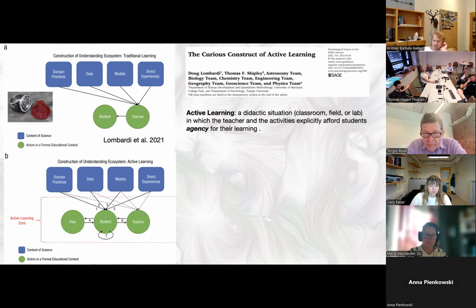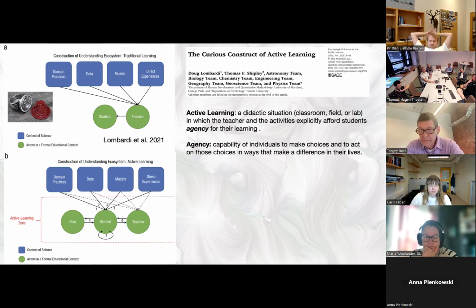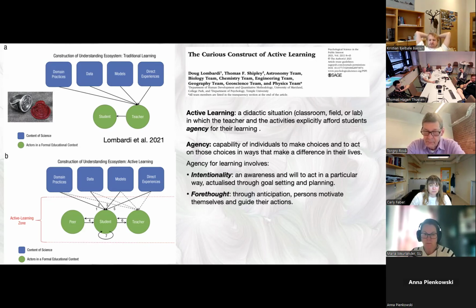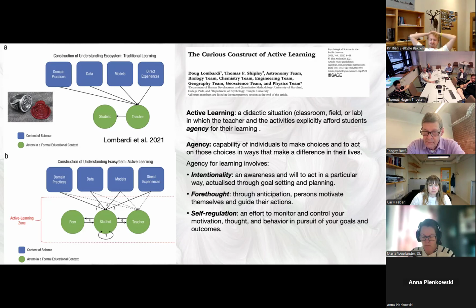And the key in defining active learning is that it is a didactic situation that affords students agency for their learning. Okay? And agency is this capability to make choices and act on them in ways that make a difference. And agency for learning involves intentionality, forethought, self-regulation, self-efficacy, these elements. Okay.